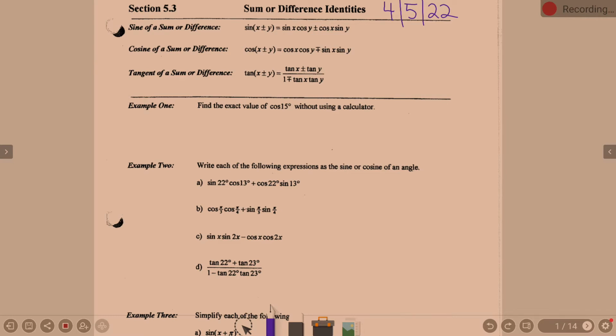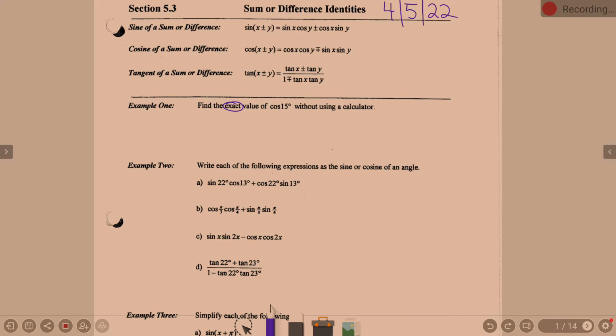These are typically done without a calculator. They want an exact value, which is not a calculator value. That comes back to using our chart.